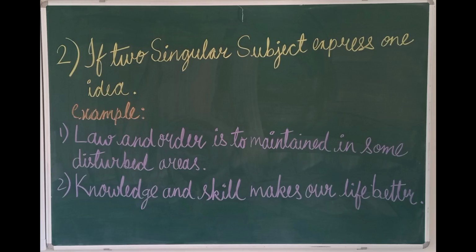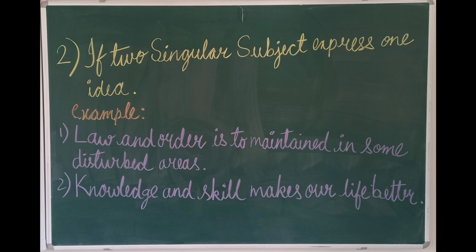Number two, if two singular subjects express one idea. It means when two different subjects are expressing the same idea, then we will consider the two subjects as singular and we will use the singular forms of verb. For example, law and order is to be maintained in some disturbed areas.